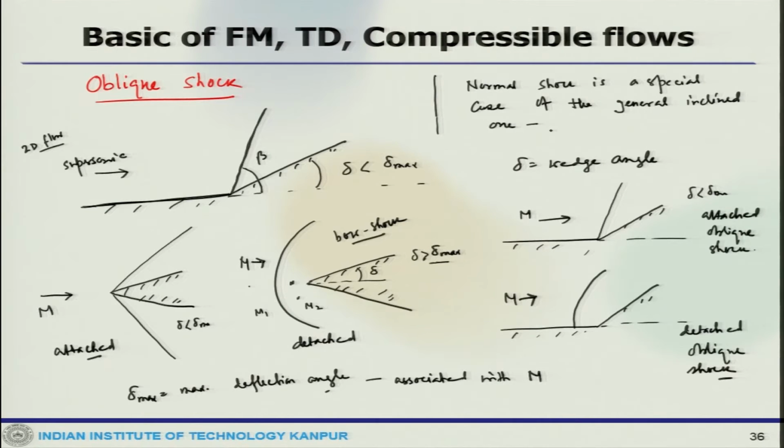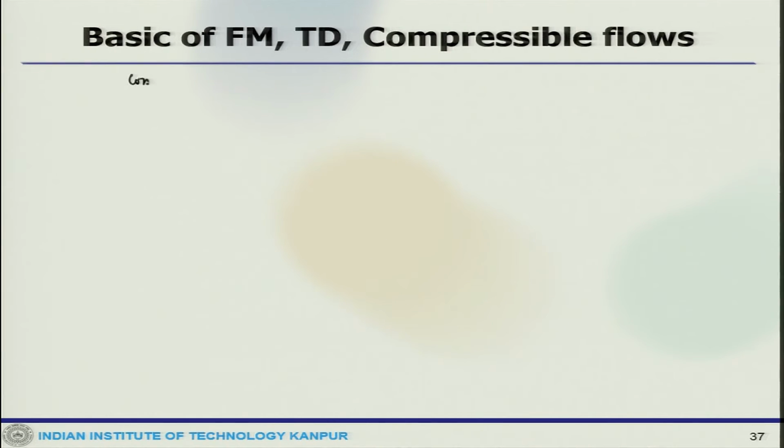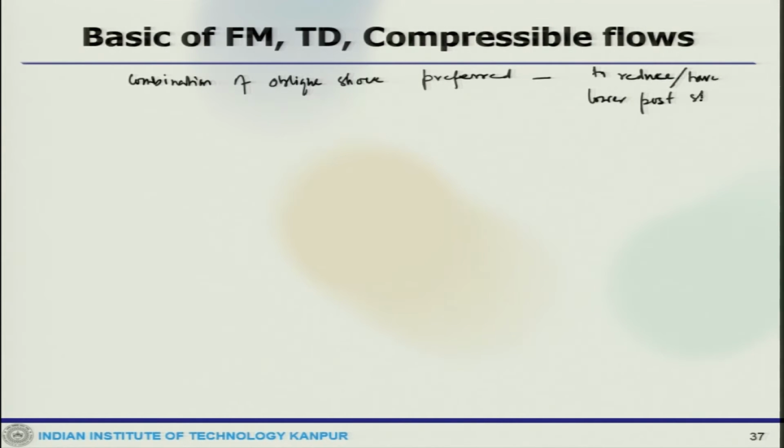A combination of oblique shocks is preferred because it gives lower post shock temperature and pressure.